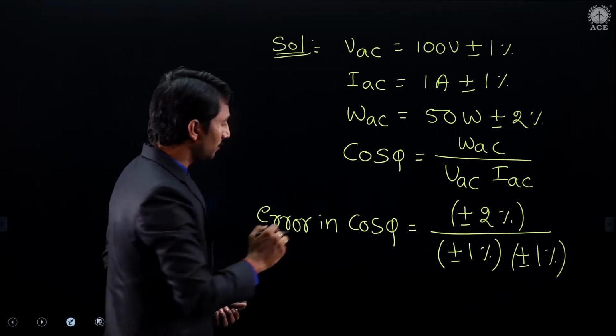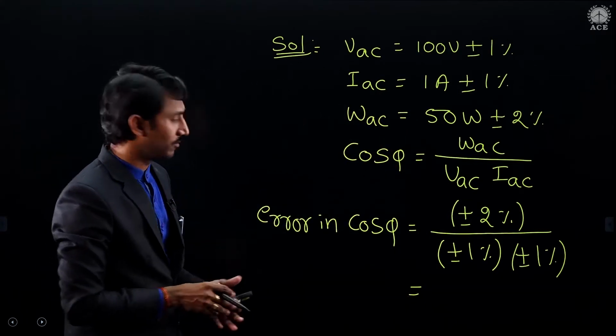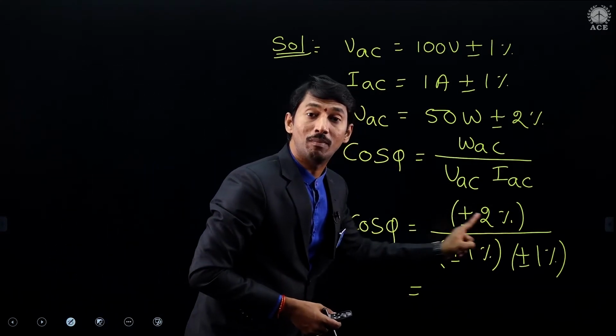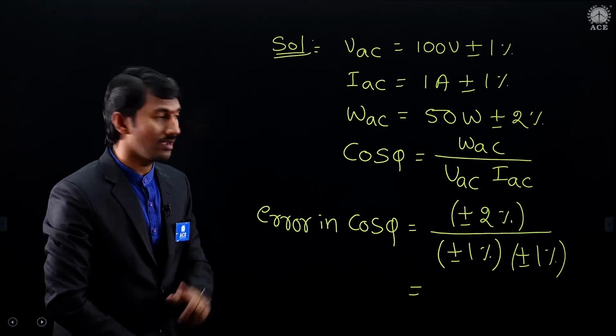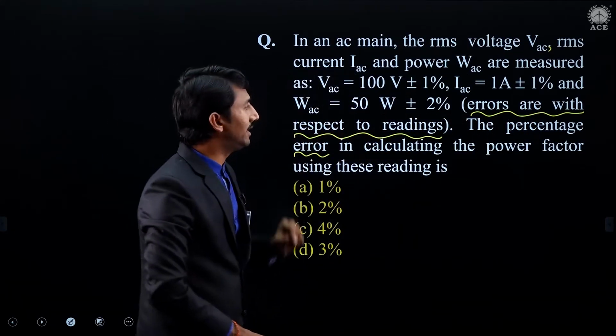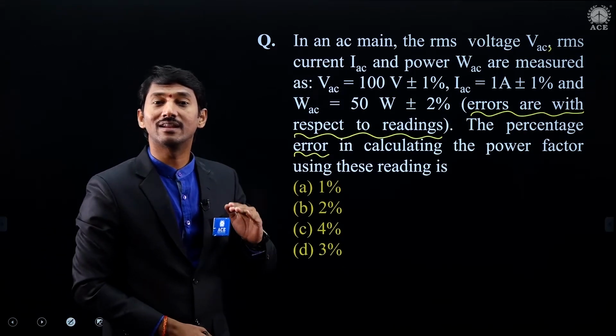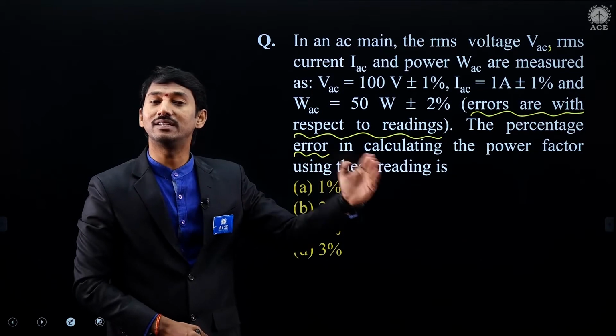Here the errors must be added, for division or multiplication operations. Why? As I told you, the errors are with respect to readings, that is, the errors are in percentage limiting form.